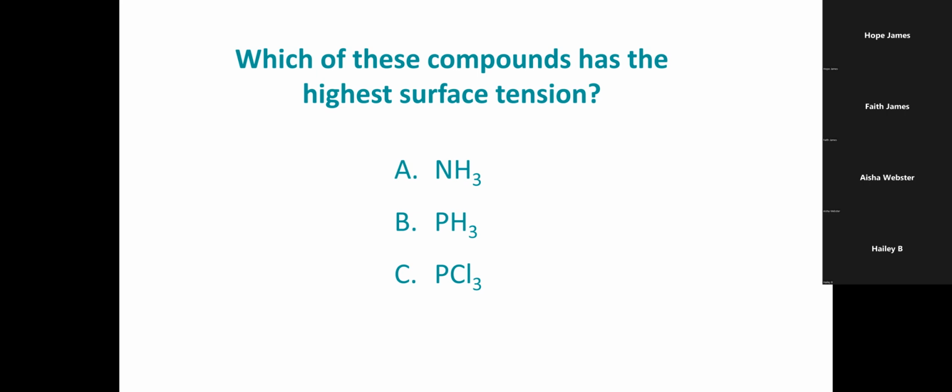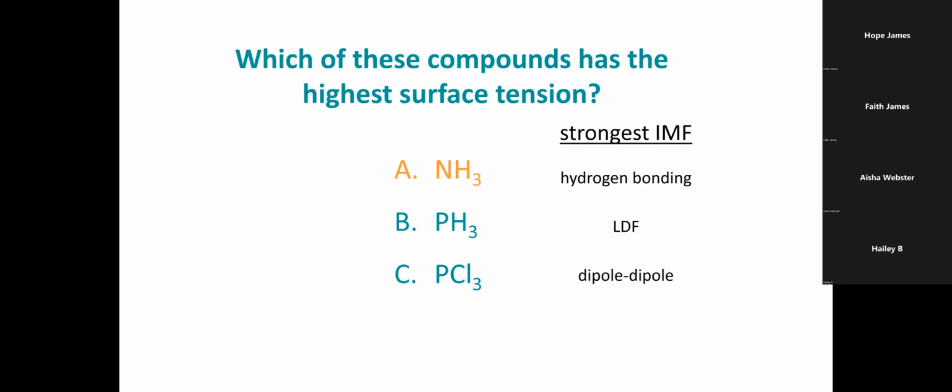PCl3, which has a very similar shape, is a polar molecule though. Phosphorus and chlorine bonds are polar, and they're arranged not symmetrically in that compound. So the one with the strongest intermolecular force is the one with hydrogen bonding. That's much stronger than all the other choices.